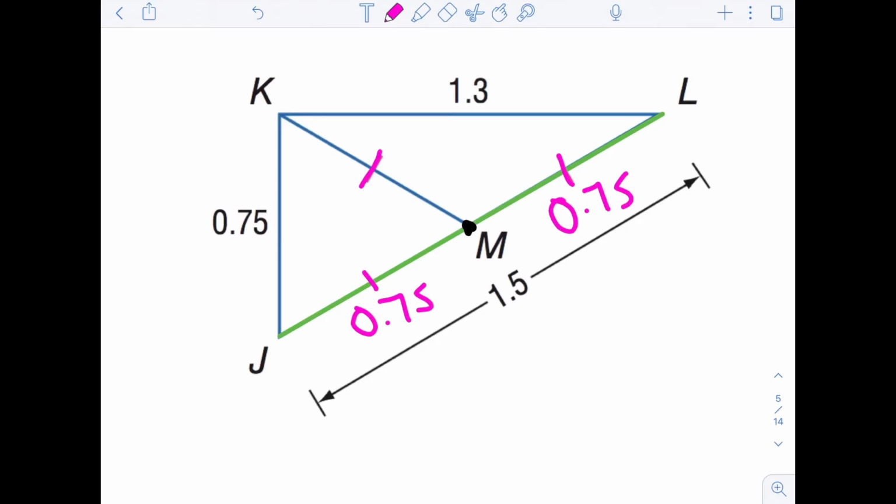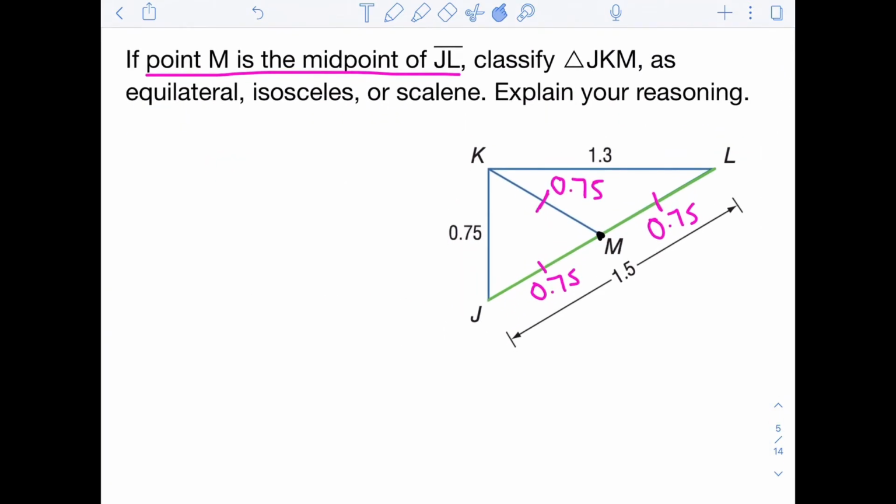And we also know that this is 0.75 because it's equal to ML. So as you can see now, triangle JKM has three side lengths of 0.75. And since each side length is the same, then that makes it an equilateral triangle.